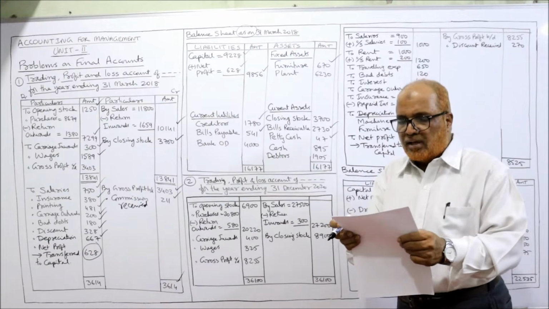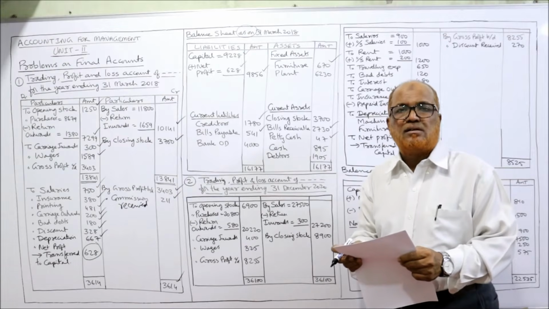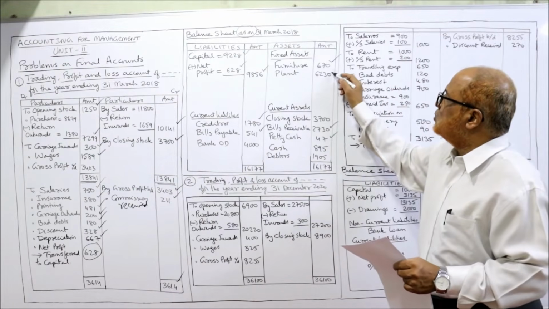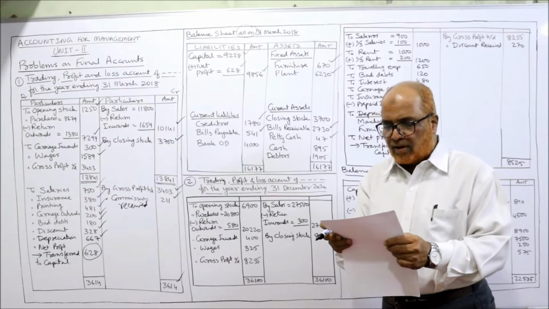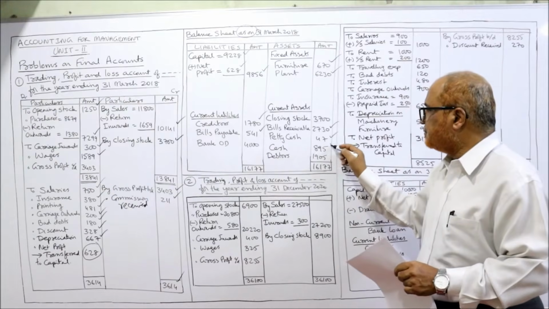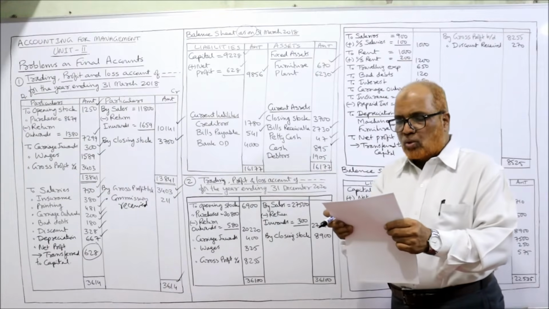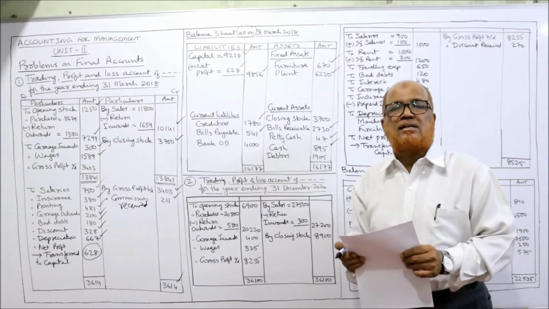Bills payable over. Next comes plant, a fixed asset. So plant 6230. After plant, return outward over. Cash, it's a current asset, 895. Cash over. Salaries over. Debtors 1905. That is a current asset.